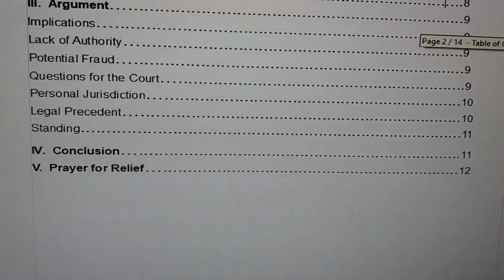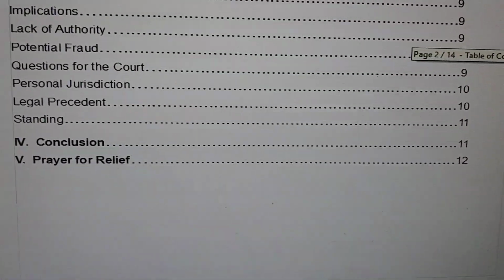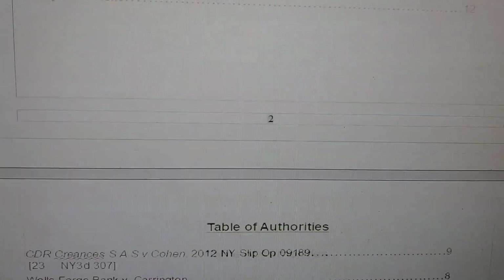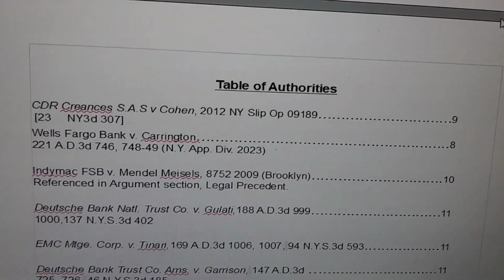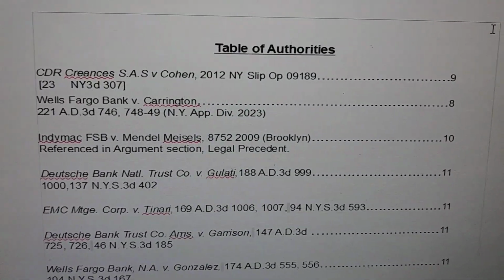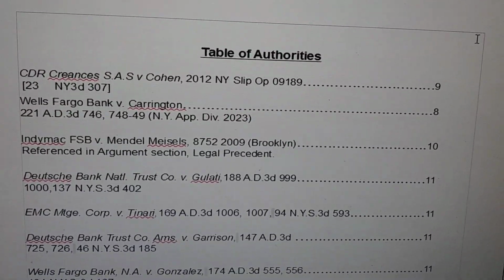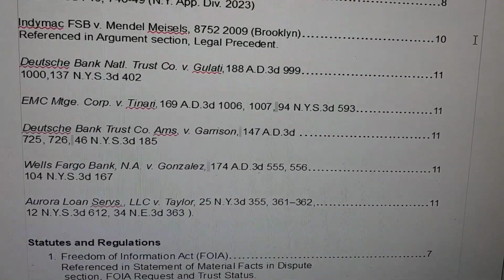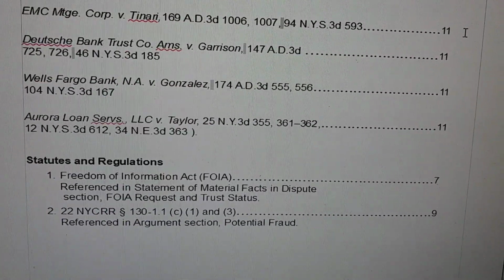This is your basic outline for an opposition to motion for summary judgment. Table of authorities: these are the different cases that she's using to support her side of the argument.